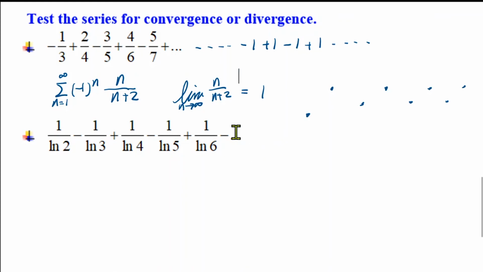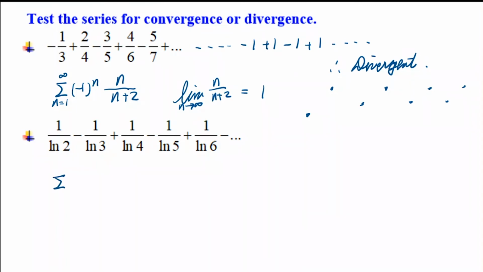For all series, this is the first thing you look at. If any series fails this test, then it's divergent right there. Good. Okay, let's do the second test then. Let's write this into sigma notation.